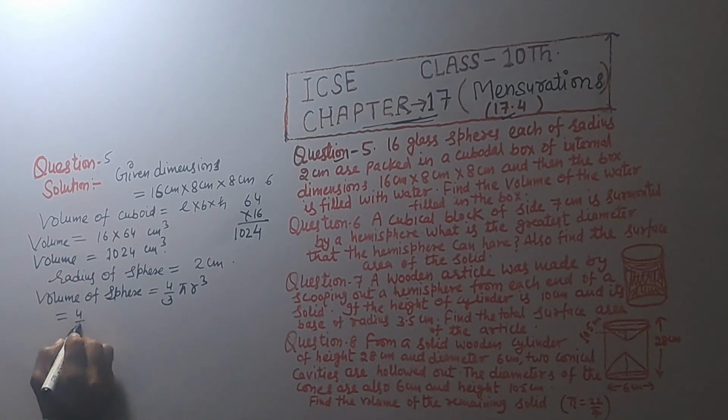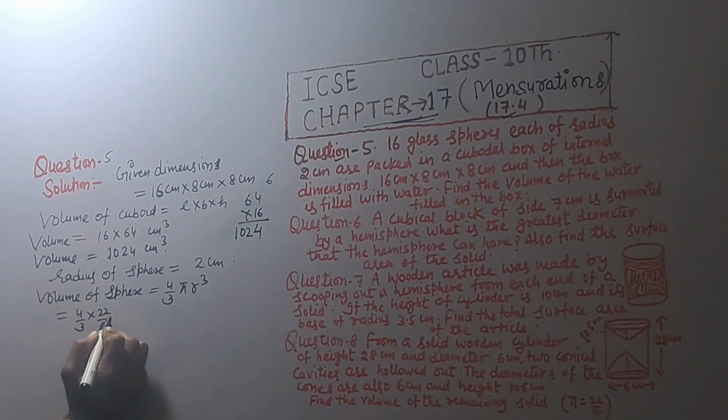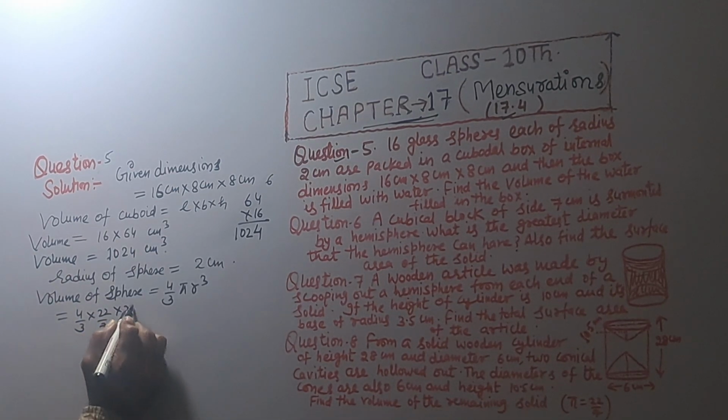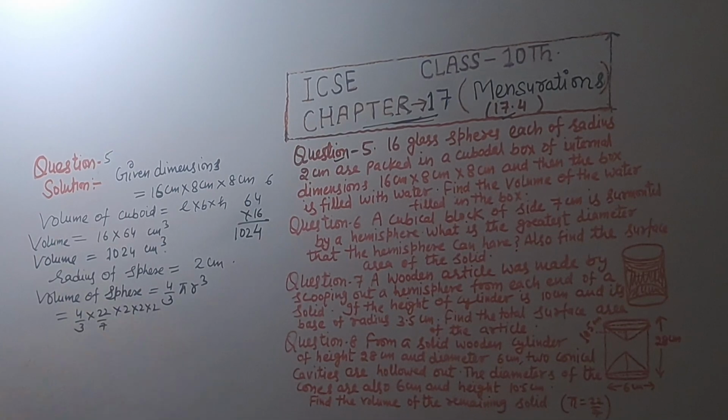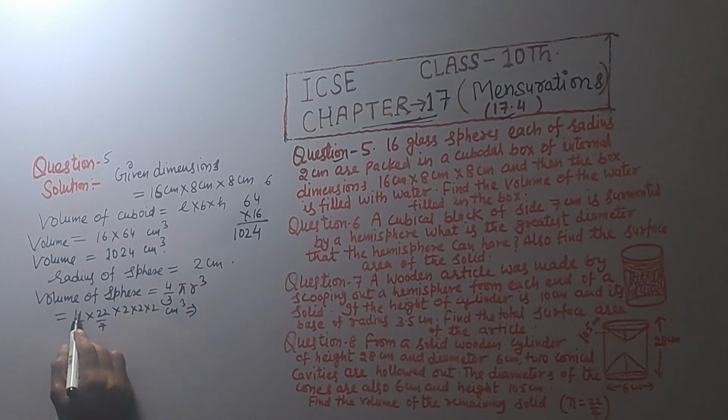That is 4 upon 3 into 22 upon 7 into 2 into 2 into 2 centimeter cube, which implies 2 2s are 4, 2 4s are 8, 8 4s are 32.